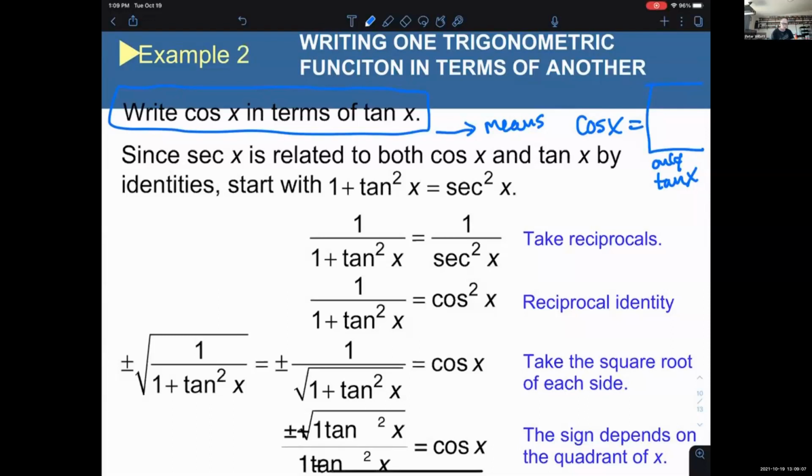Well, we have an equation with tangent in it that relates that to secant from our identities. And we know secant is 1 over cosine. So if I replace secant with the 1 over cosine in some way, then that will make it so that I have an equation with cosine and tangent in it, and then I can solve that for cosine.